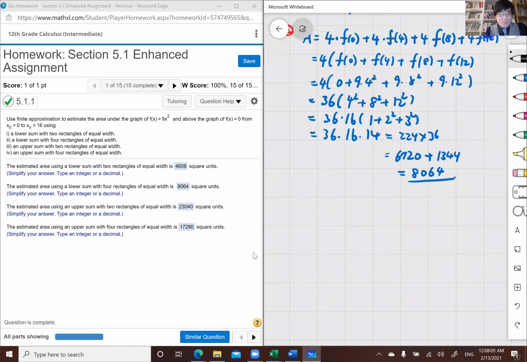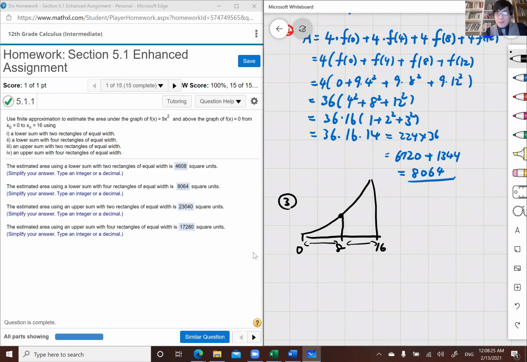Now part 3. Now I'm going to find the upper sum with 2 rectangles. When you want to take the upper sum, you want to take the highest possible height in each interval.